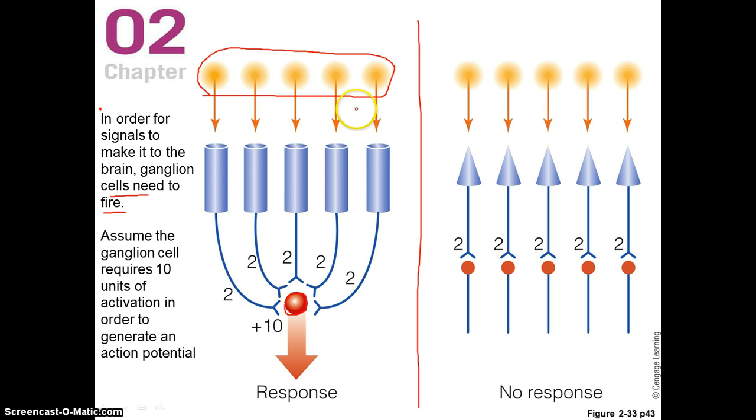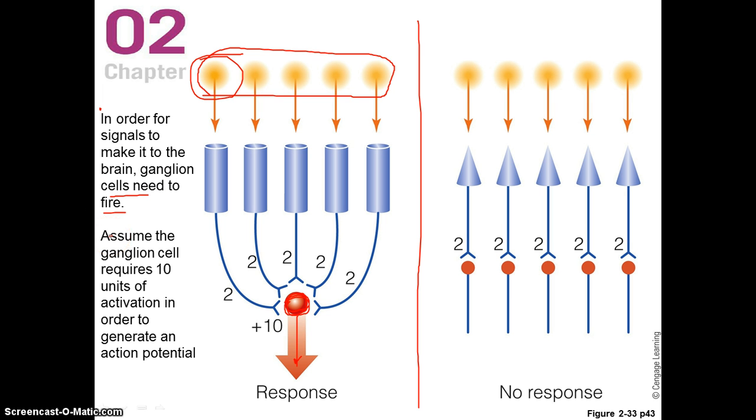So these are lights out in the physical environment that will cause stimulation of these rods. And in order for you to perceive these lights, not only do these rods have to be stimulated, but they have to stimulate this ganglion cell, and this ganglion cell needs to transmit its messages onward up to the brain.